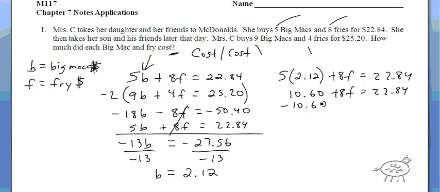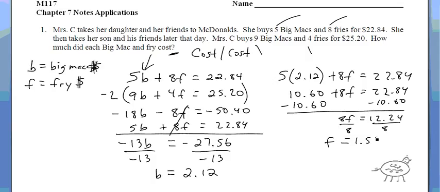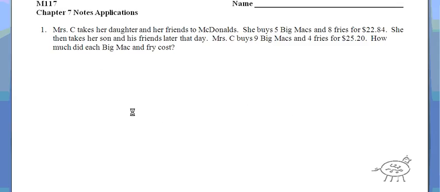Subtract 10.60. You get 8F is equal to $12.24. Divide by 8. F equals 1.53.